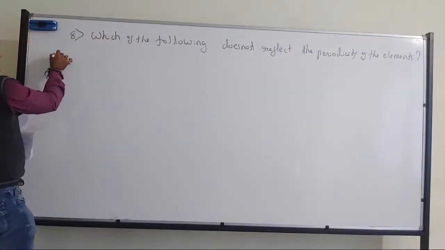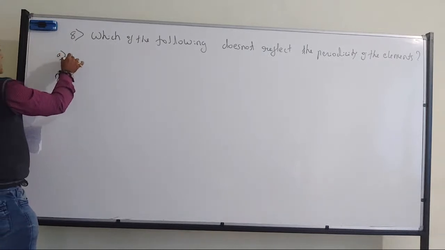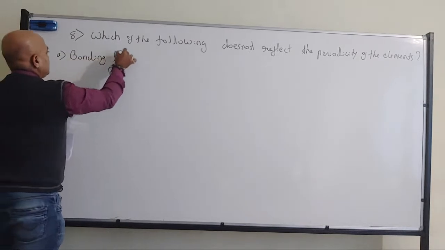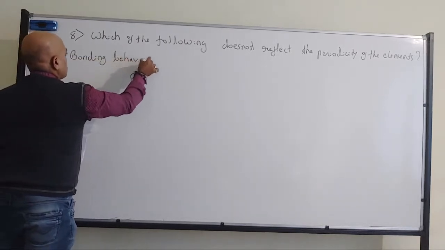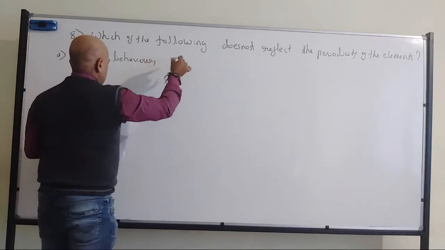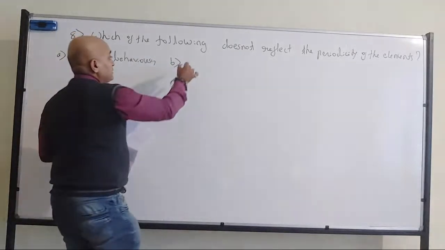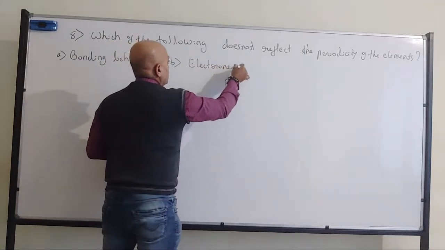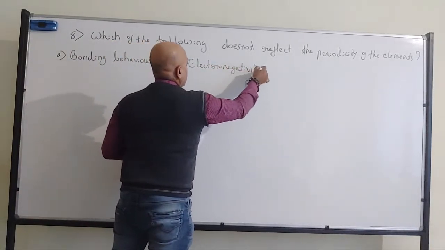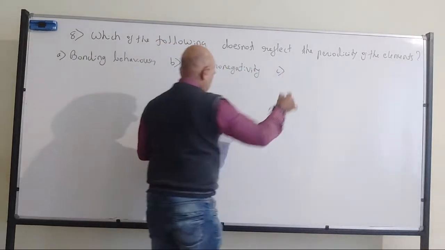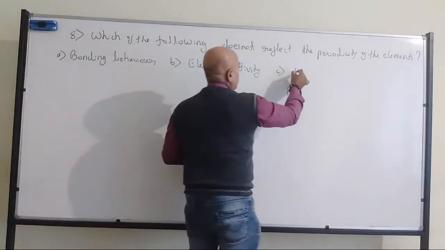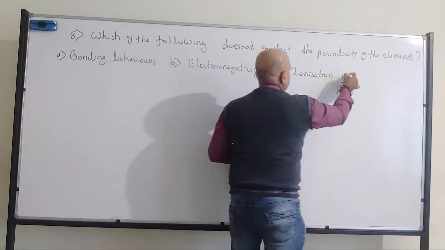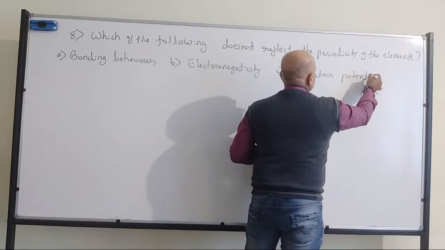Now, option A is bonding behavior. Then option B, electronegativity. Option C, ionization potential.